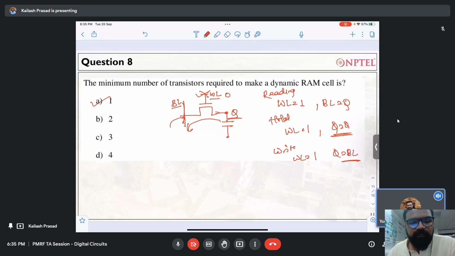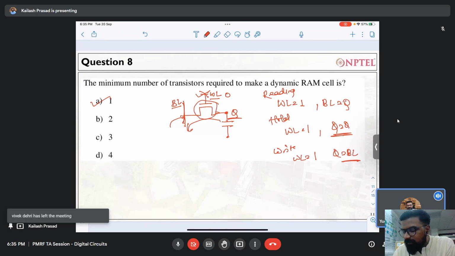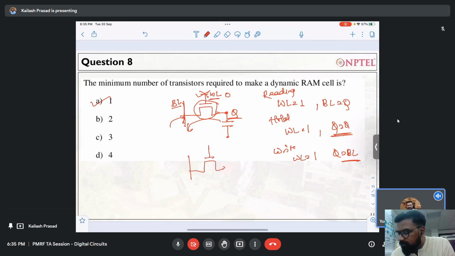Now the question here is, how many transistors do we have? We have only one transistor, so that is one point. The second point is, as you read the data, if you make WL equal to 1, please make sure that you understand this.